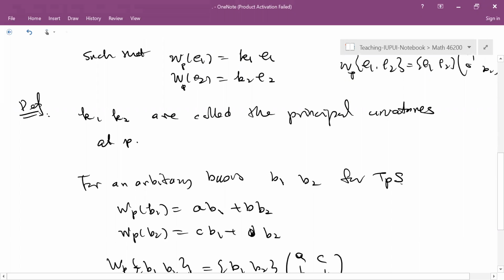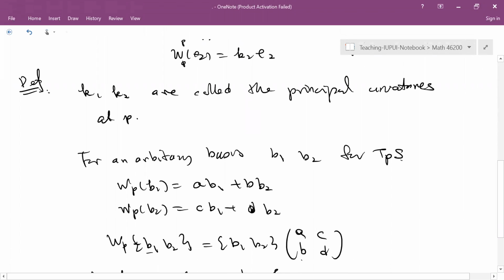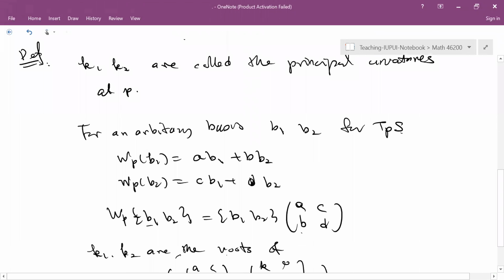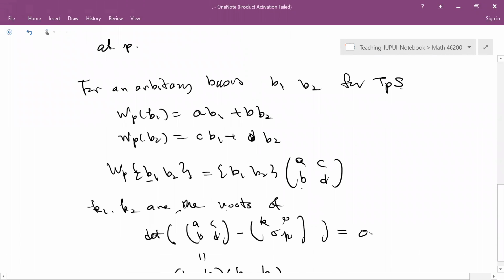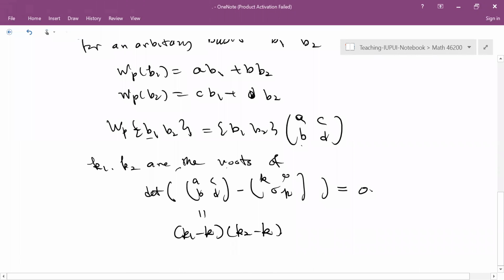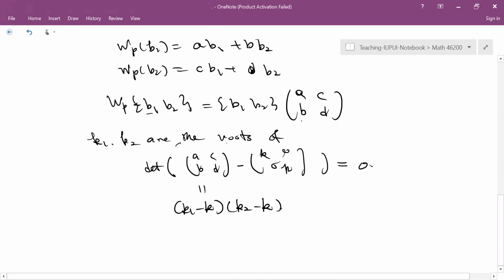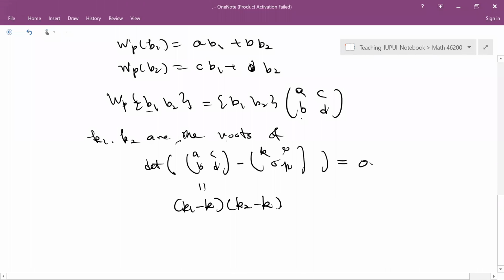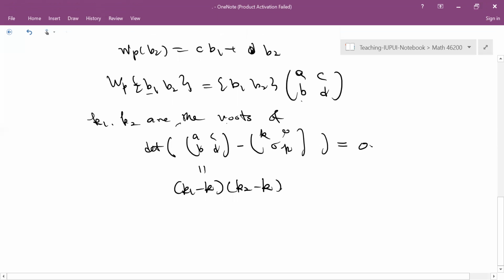So what we do is take an arbitrary basis and get a matrix, and then find the determinant of the difference of the two matrices. The roots of this quadratic equation are going to be the principal curvatures.